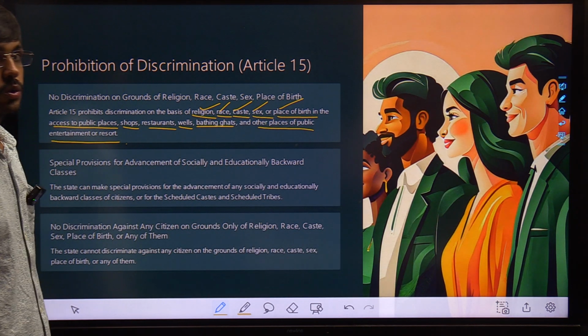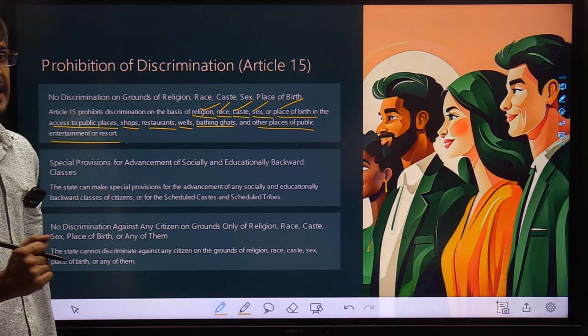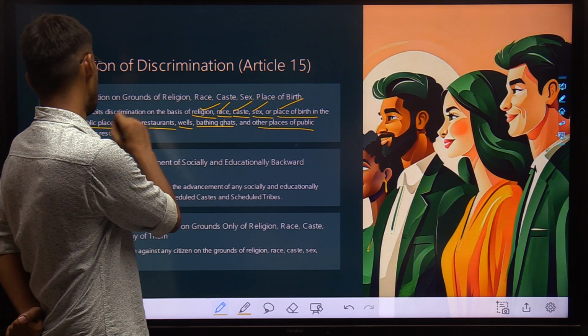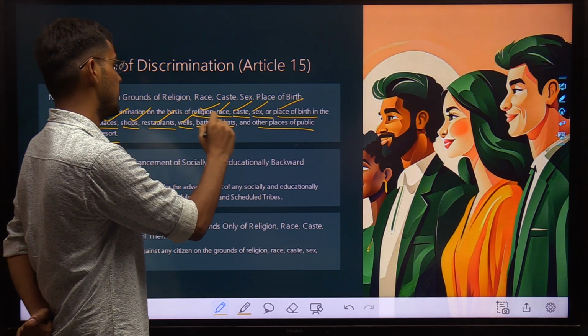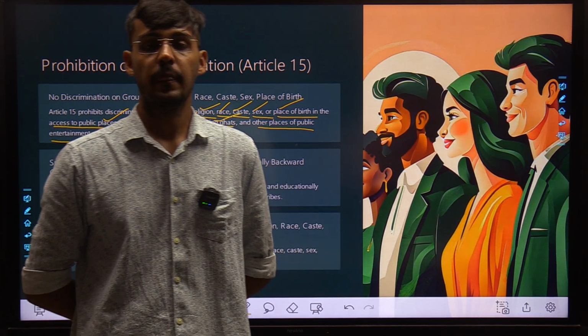There are certain places which are identified by the Constitution. There cannot be any discrimination in public places, shops, restaurants, wells, bathing ghats, other places, etc. Let me give you an example.